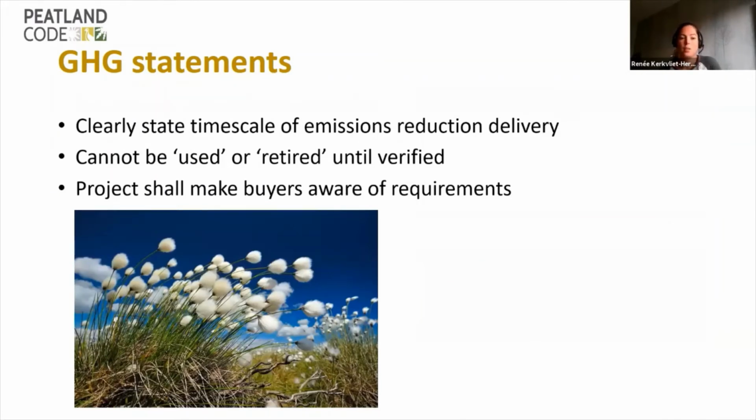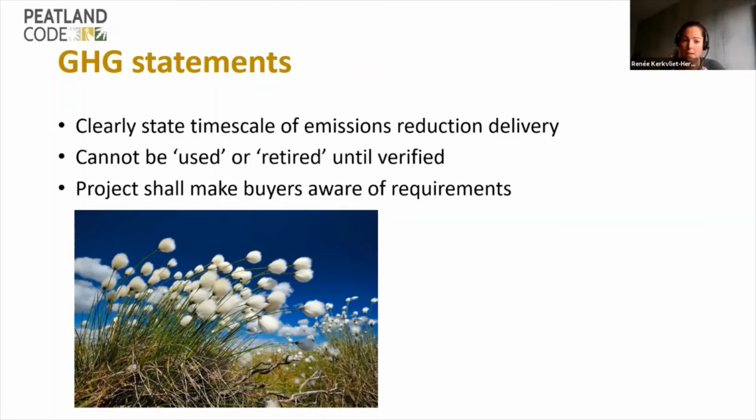So what kind of statements can people make when they're buying carbon units? Buyers need to really clearly state the timescale of emission reductions delivery. There's actually quite a lot of companies who are buying pending issuance units at the moment. Those are not verified yet. They're more of an expectation that emission reduction will happen.